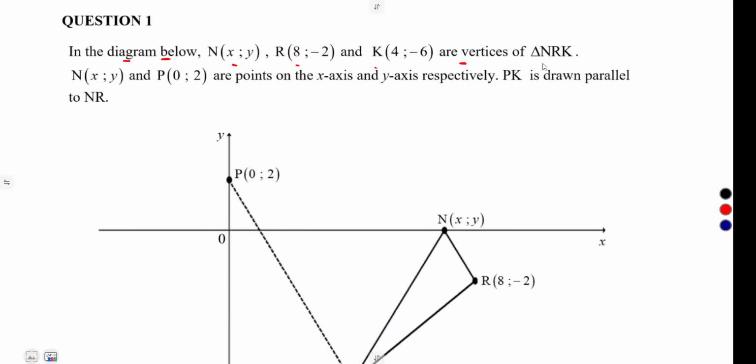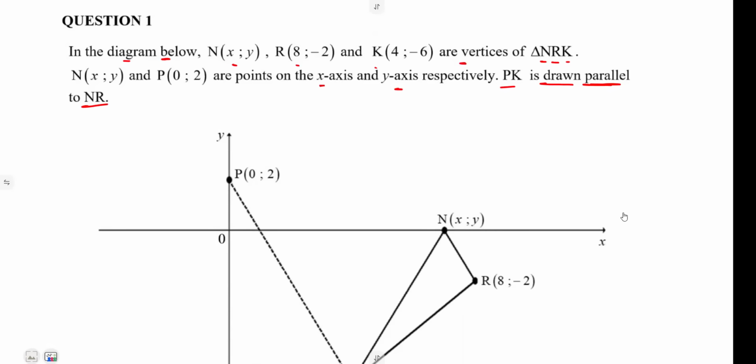These are the vertices of triangle NKR, and N and P are points on the x-axis and y-axis respectively. And PK is drawn parallel to NR.